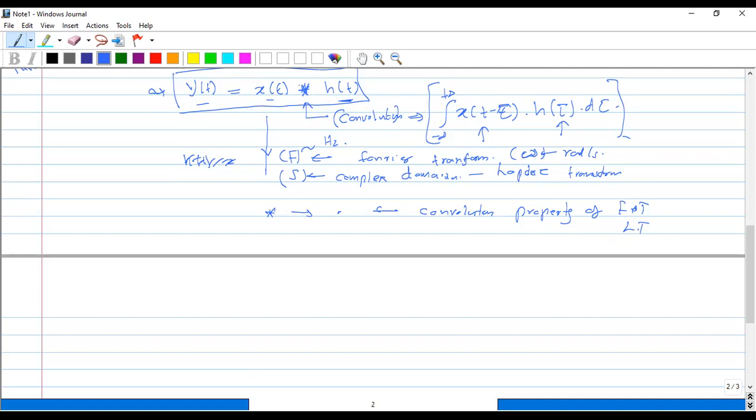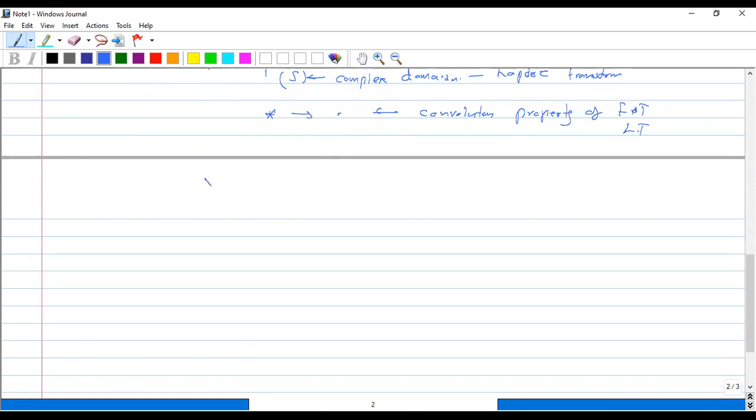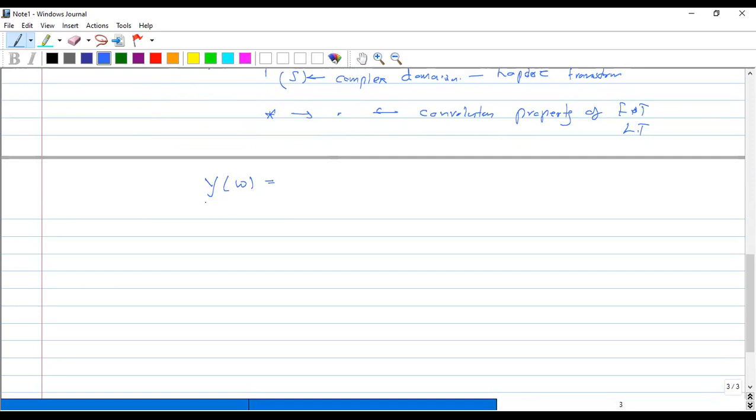Once you convert this into the frequency domain or complex domain, this convolution becomes a multiplication. So in the frequency domain, you can write Y(omega) = X(omega) times H(omega). Or in the complex domain, you can write Y(s) = X(s) times H(s).